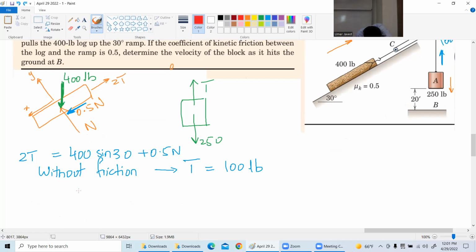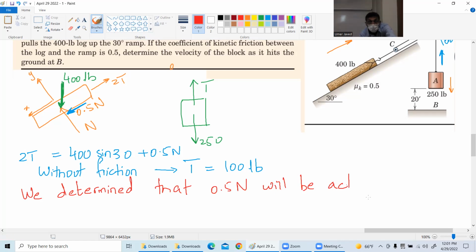And let's do it together. So now we determined that 0.5 N will be acting in this direction.